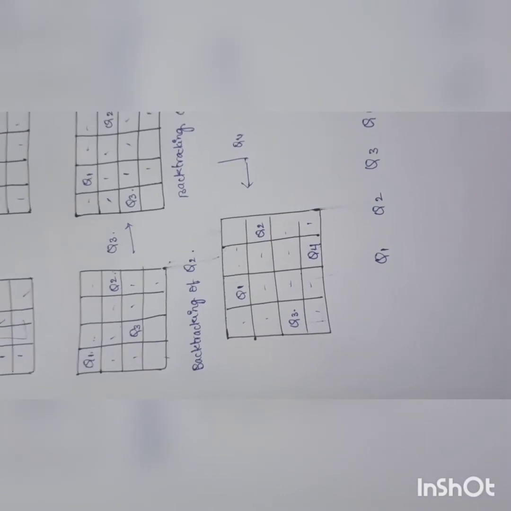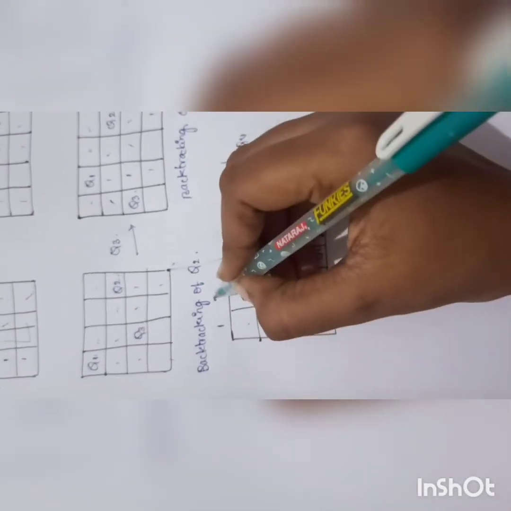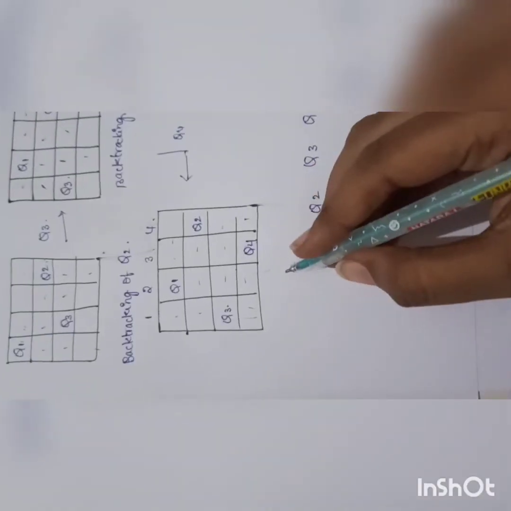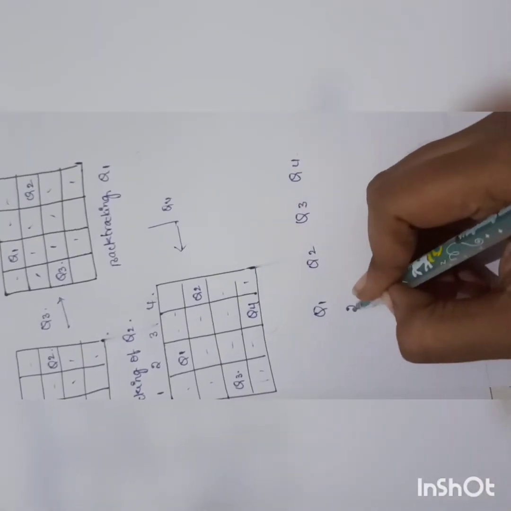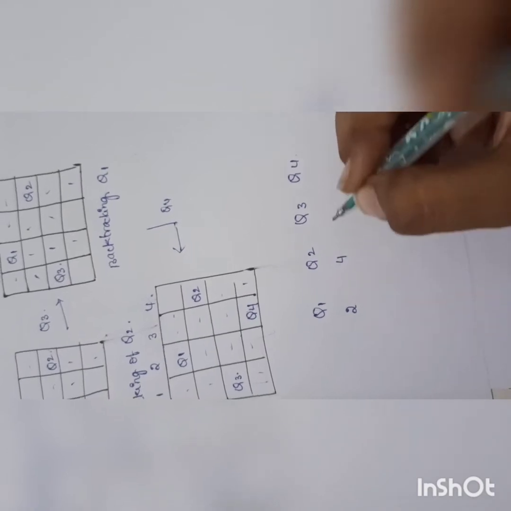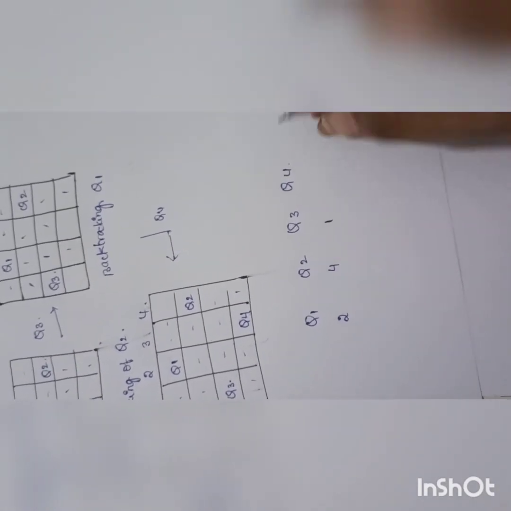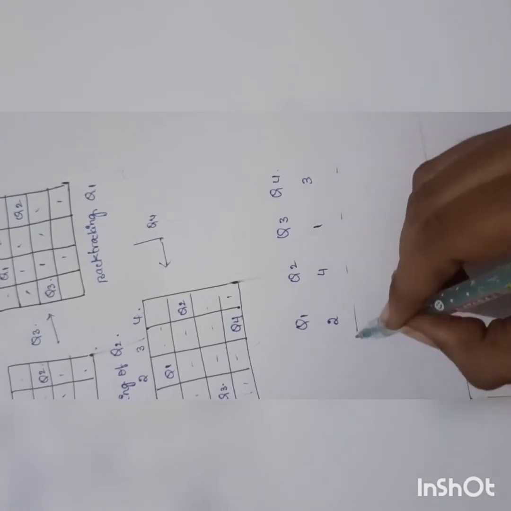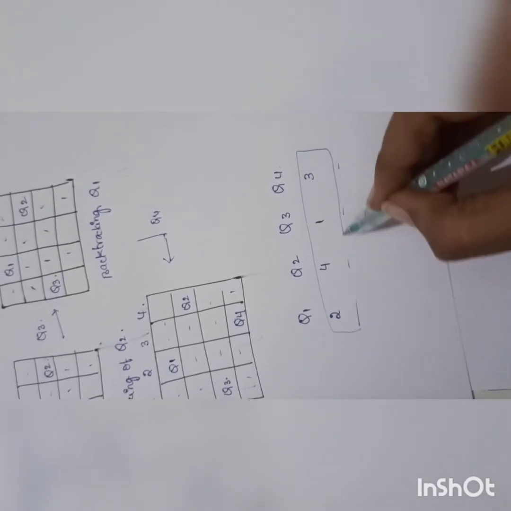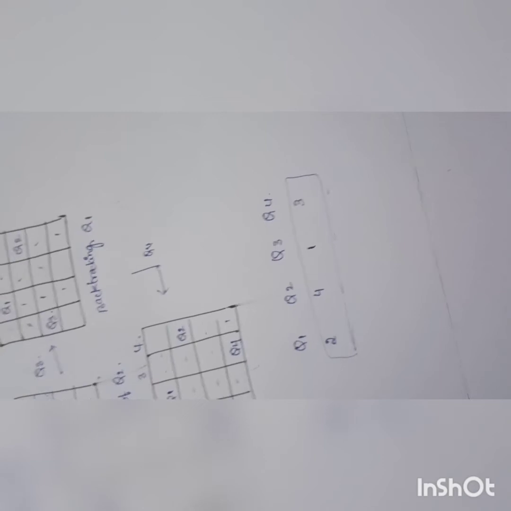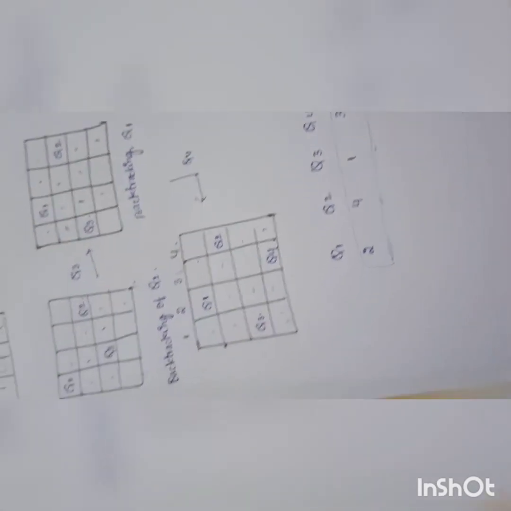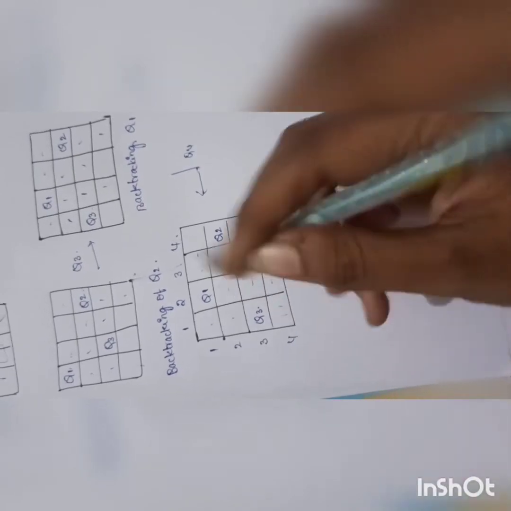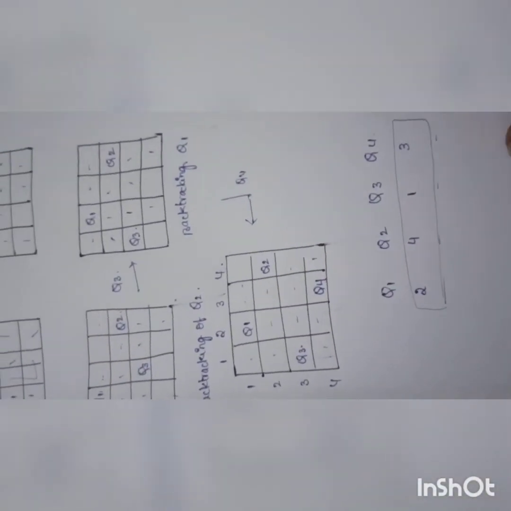Let us name the columns 1, 2, 3, 4. Queen 1 is placed in 2, queen 2 in 4, queen 3 in 1, queen 4 in 3. See, there is no repetition, meaning there are no 2 queens placed in the same column. Likewise, you can see for rows too. No 2 queens are placed in the same row.